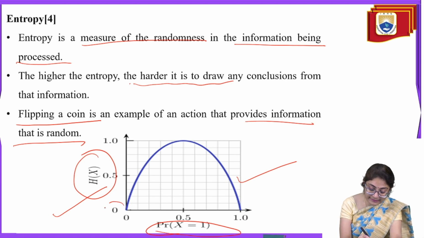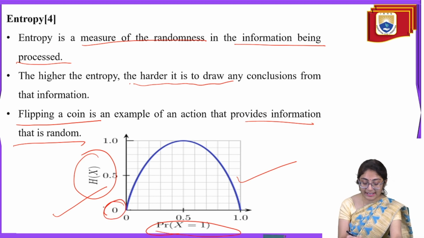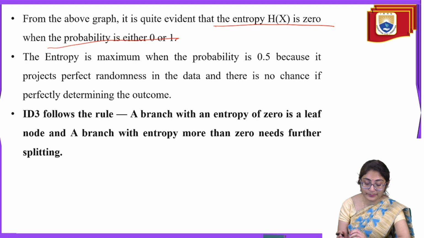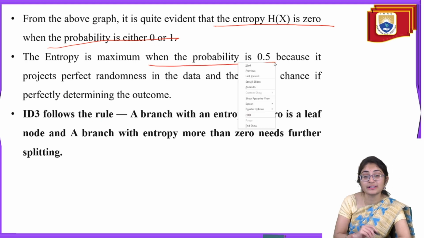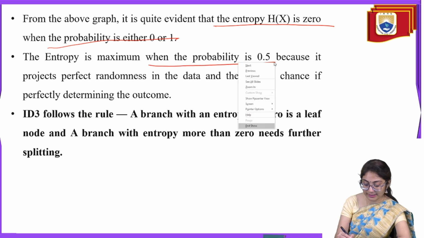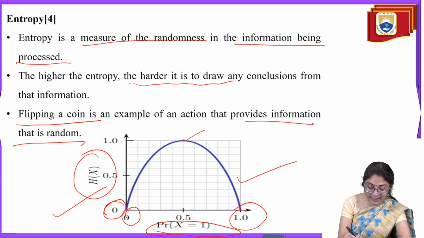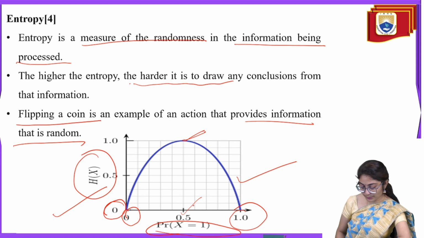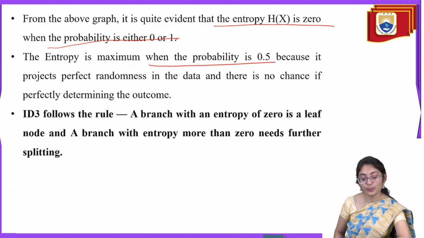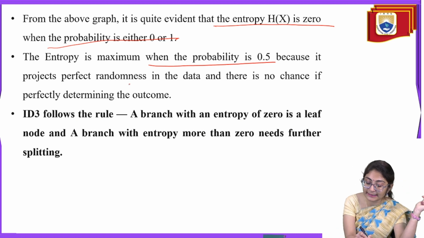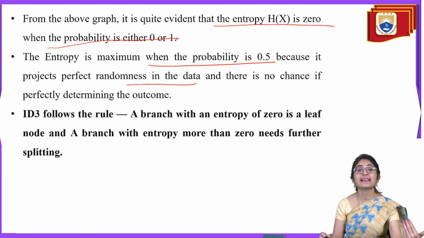Your H of x is 0 only when your probability is 0 or 1. And the entropy is maximum when the probability is 0.5, because it projects perfect randomness in the data and there is no chance to perfectly determine the outcome.